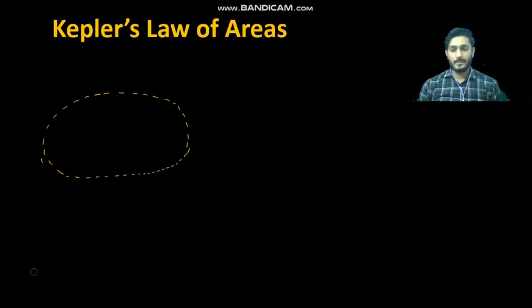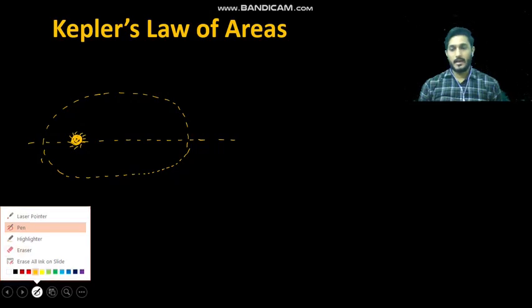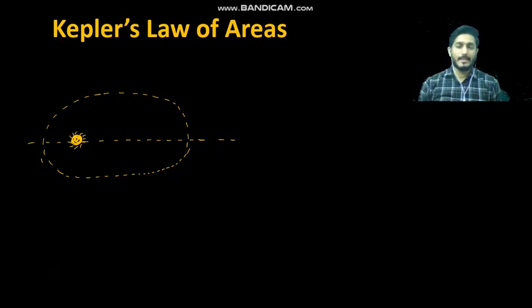So the sun must be somewhere over here. This is the location of the sun. So this is the sun shining bright and Earth is revolving in this elliptical orbit.